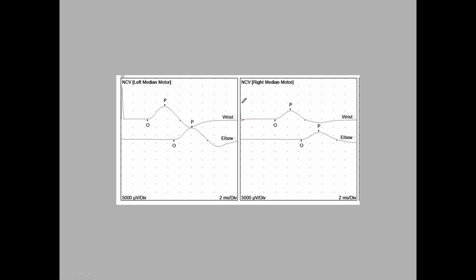And again, just like that sensory nerve at the beginning, what if you shocked in the palm and you saw this? And you see a very comparable amplitude on the right as compared to the left.